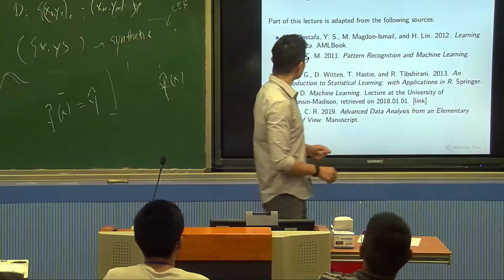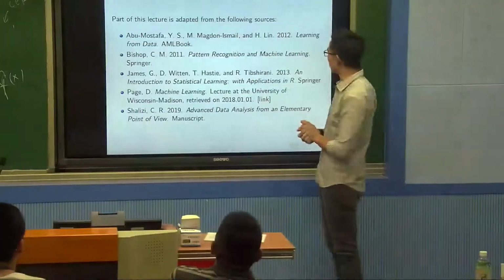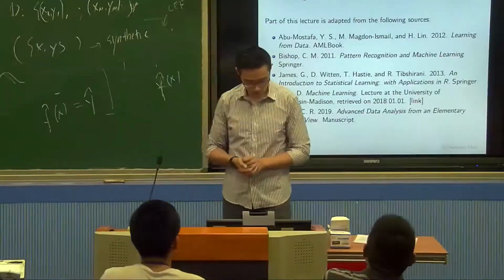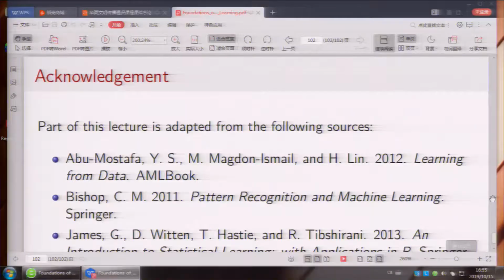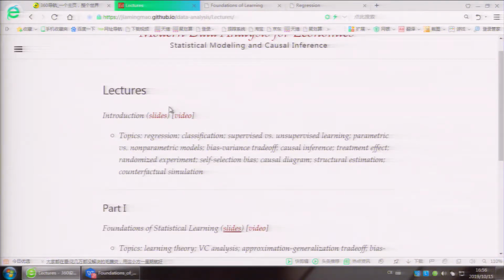Abu-Mostafa from Caltech and two of his co-authors wrote this book called Learning from Data, a very well-written book, to which my slides are also indebted. I highly recommend you learn more from that book if you're interested. And here's a link.